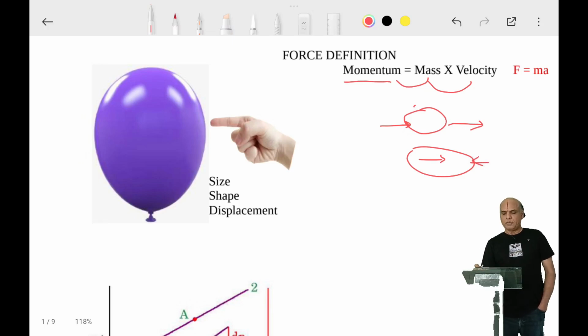So if this body is comprised of matter, this matter will offer resistance to this change in inertia. Here, inertia of rest was changed to inertia of motion. Here, inertia of motion is changed to inertia of rest. So there is a change in state of inertia.